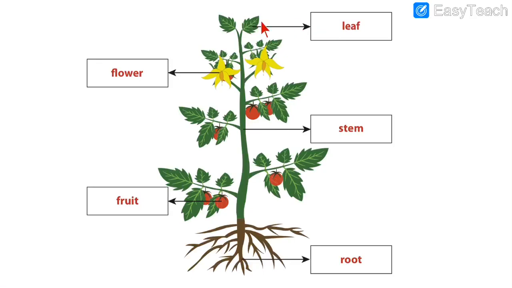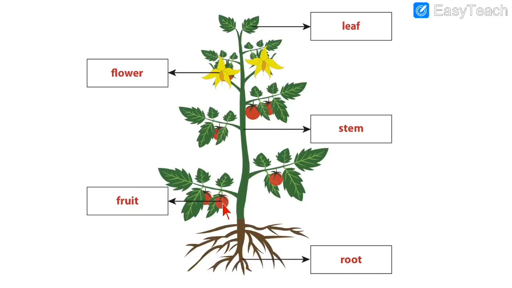See over here, the first one you can see is leaf, the green part of the plant. Then the middle part over here, the part that produces fruit, this is flower. Then over here you can see stem, this standing line, this backbone. It is the part that carries water and food to all other parts of the plant.